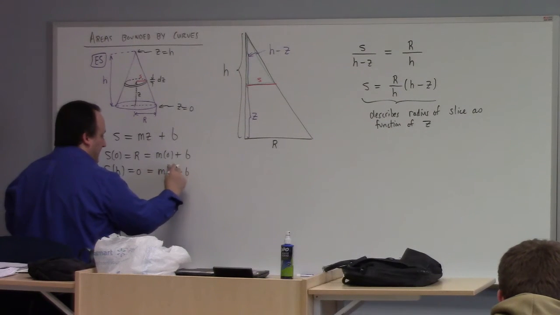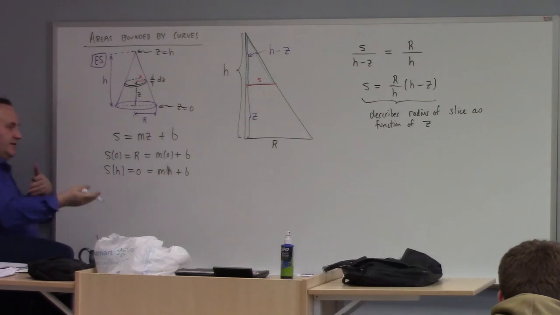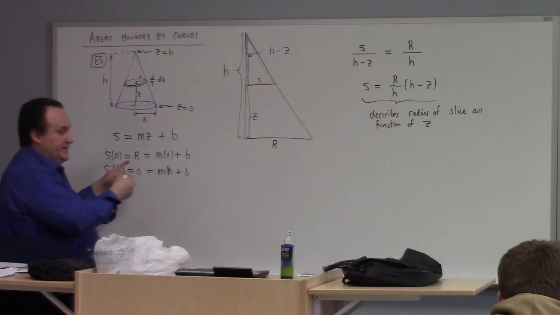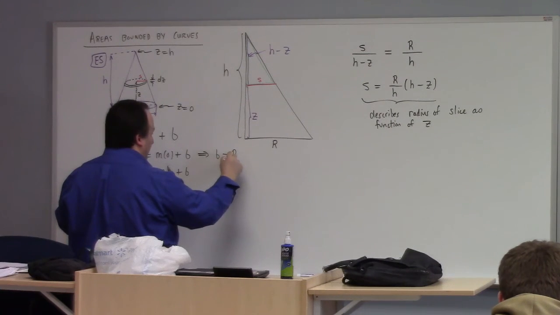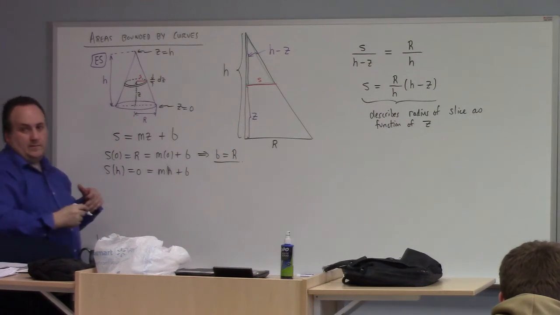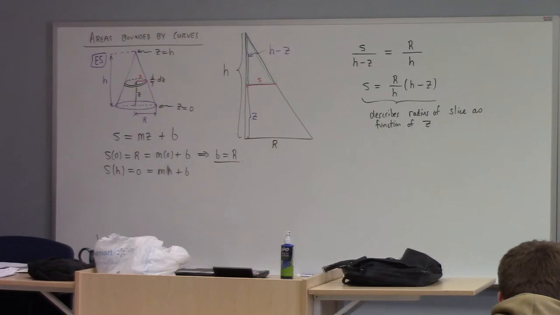So we've got two equations, two unknowns. We can solve for b and for m. The top equation immediately tells us that b is equal to r. Remember, r and h are given. So we're trying to solve for the unknown parameters of my radius function using these givens, r and h.